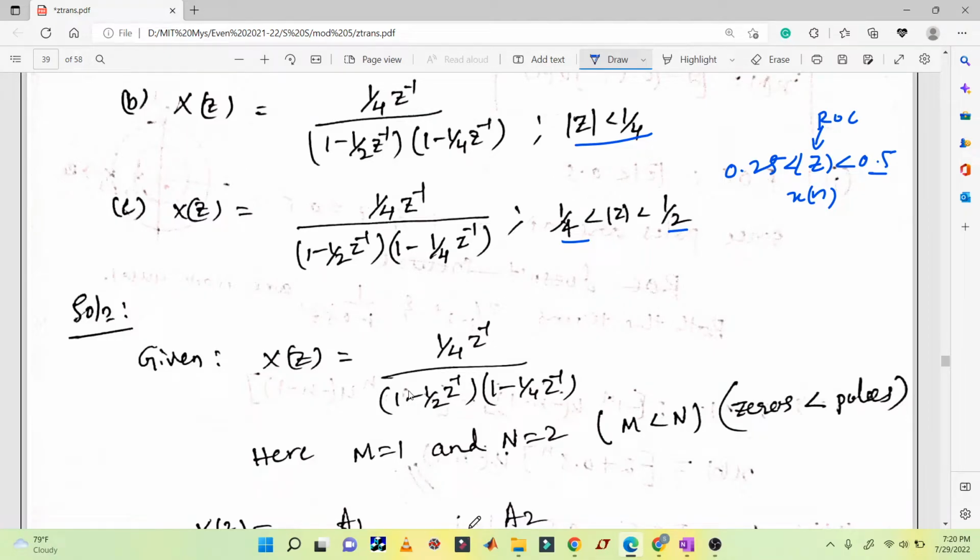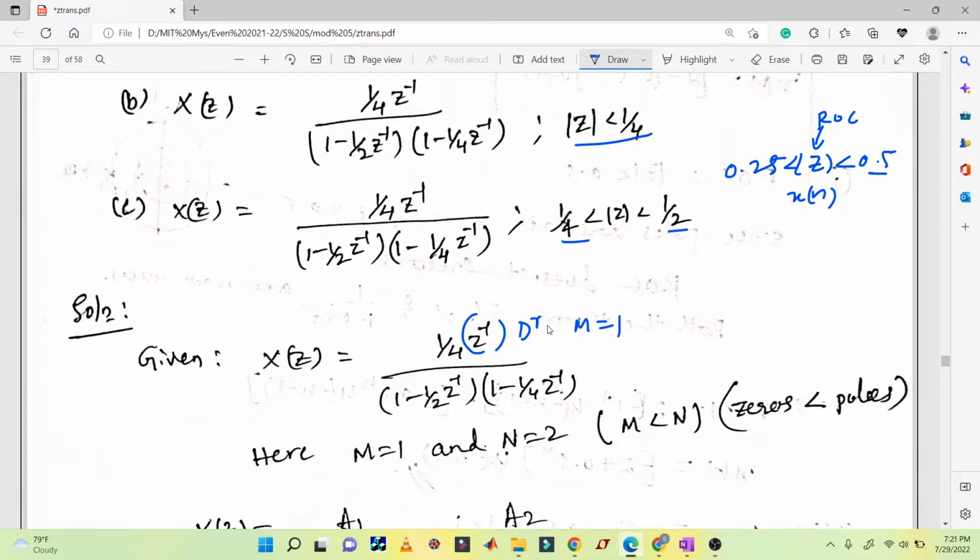Here one extra point I am adding in this problem. What is that? For any x of z inverse z transform problem, count how many zeros there are. In the denominator, how many powers of z are there? There is 1, so m is equal to 1.